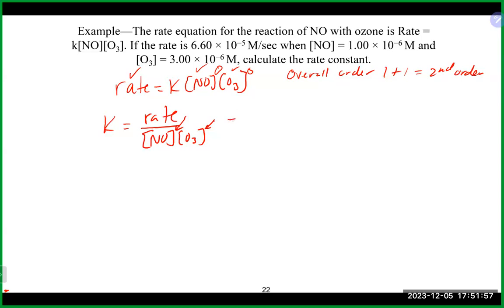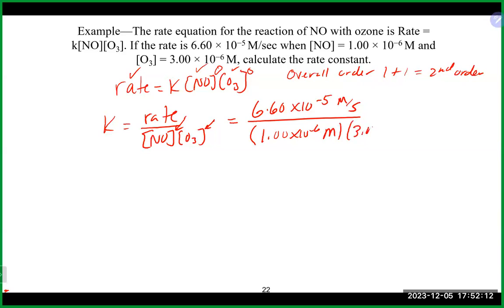Here we'll put in our values. Our rate is 6.60 times 10 to the minus 5 molar seconds divided by our NO, which is 1 times 10 to the minus 6 molar, and our O3, 3 times 10 to the minus 6 molar.